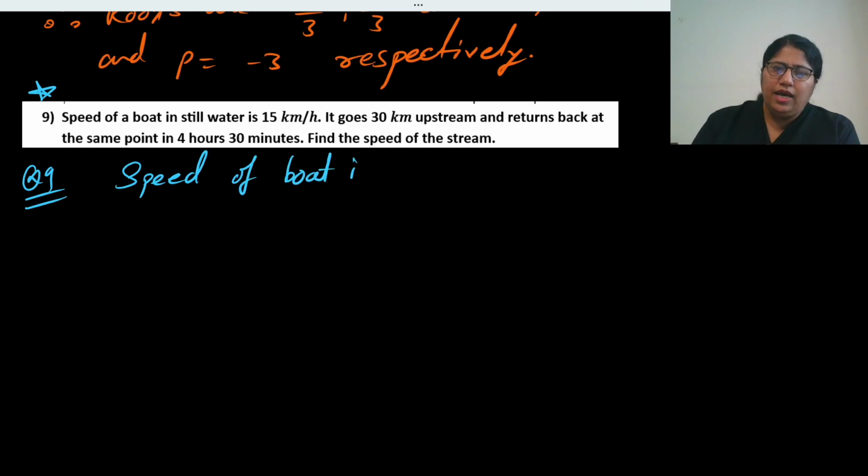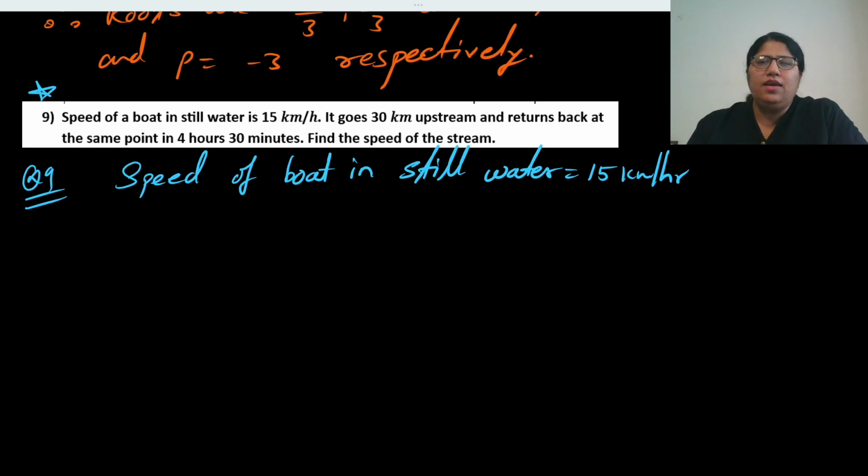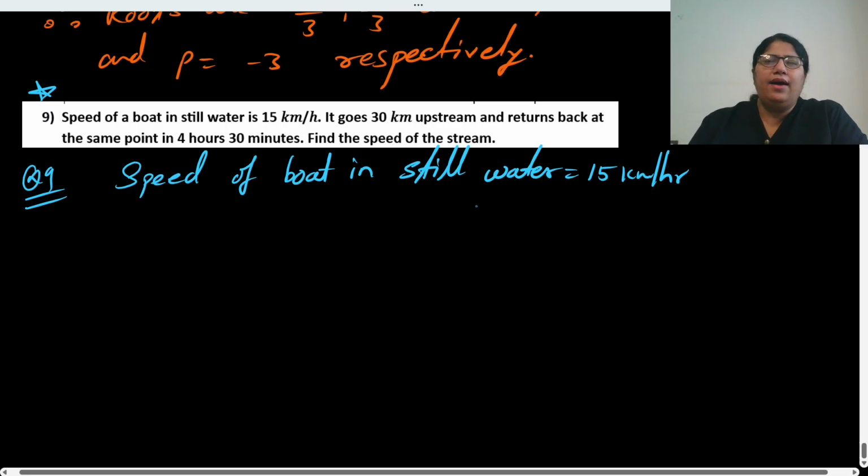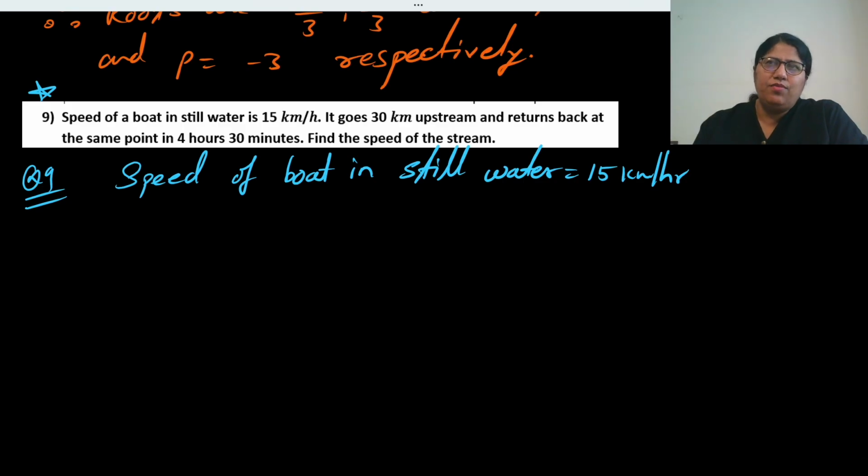speed of boat in still water, right? So still water is nothing but it's given 15 kilometer per hour, right? So this is given. Now you should know that there is always a current or the speed of stream also, because water is flowing, right? If you are going towards the stream direction, your speed will automatically increase.